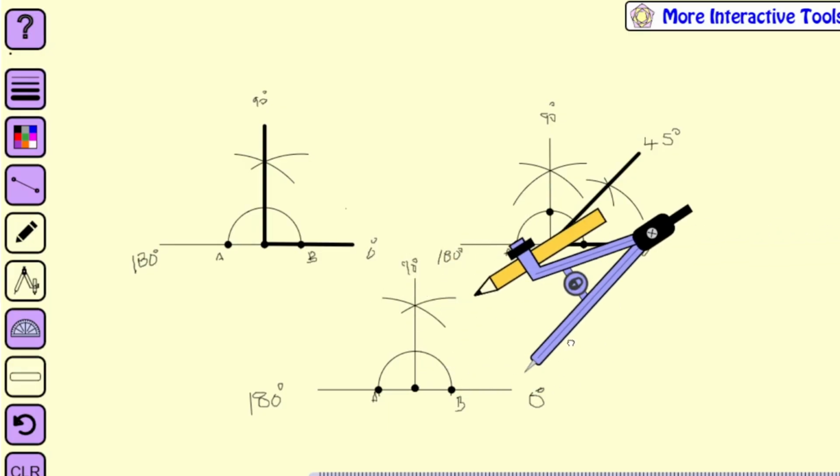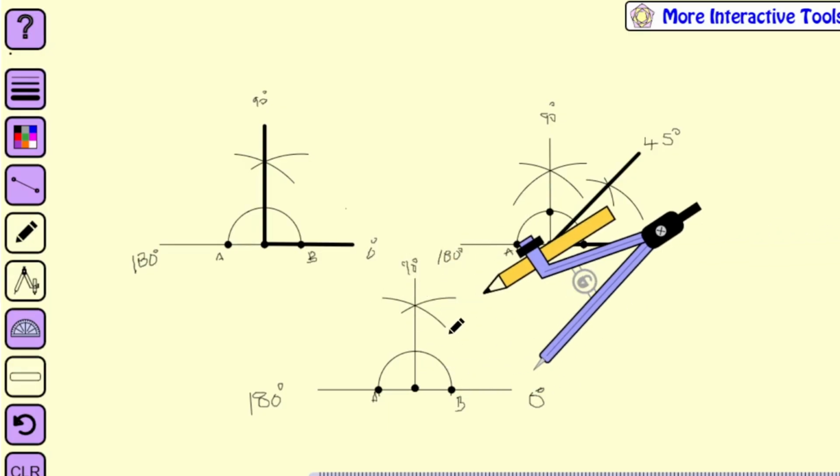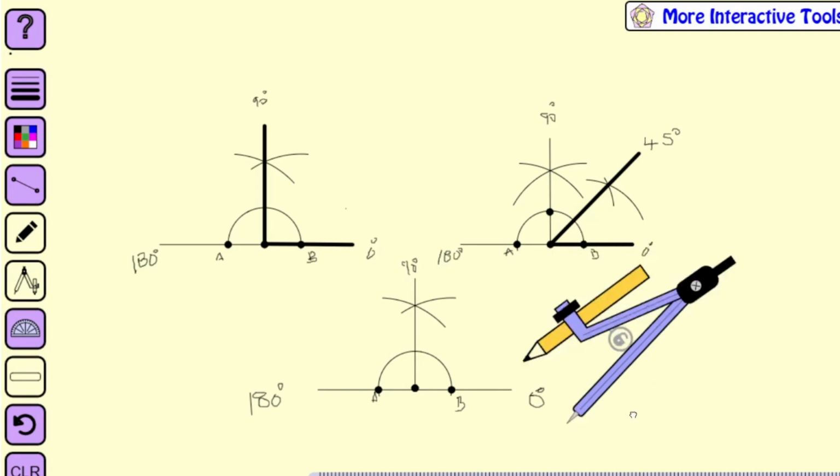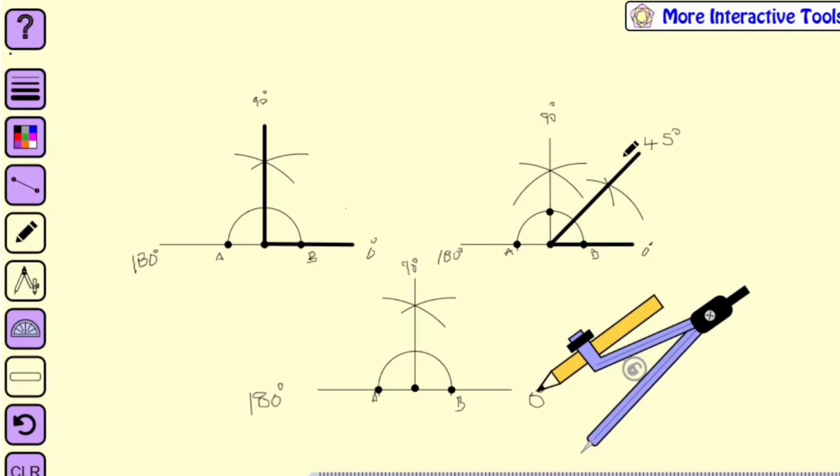Simple, simple, simple. Same concept. You're going to use 2 common points on the semicircle where 180 cuts the semicircle and 90 cuts the semicircle. All right? Because the opposite of 0 degrees is 180, and that's what we're using. We use 0 degrees and 90 to get the 45.